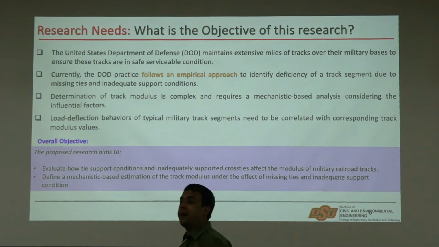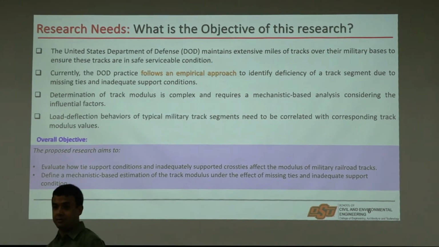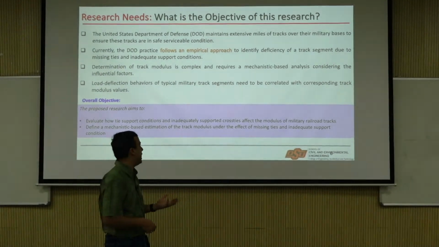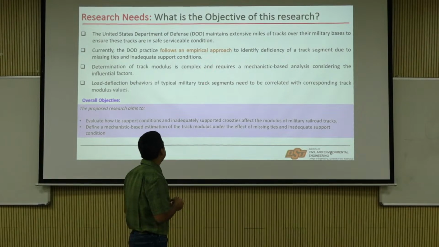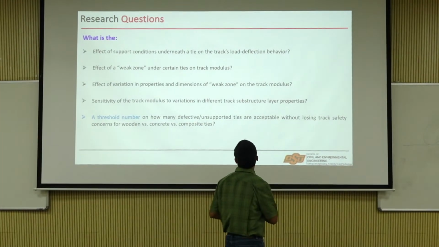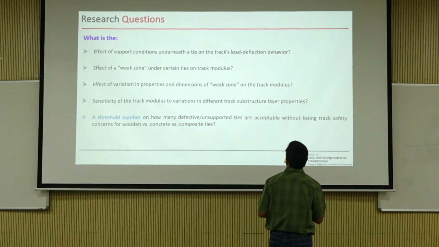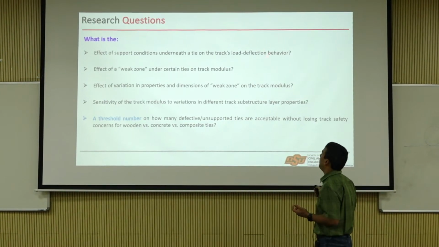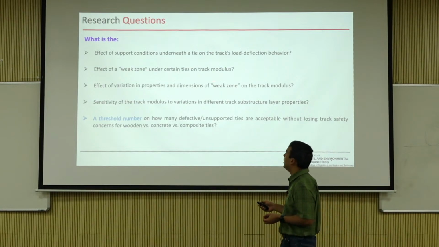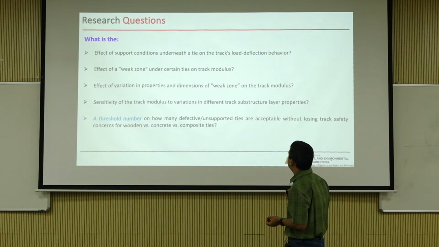What is the impact of all of these on track modulus? How does the stress and strain dissipate or load distribution happen? That's basically our project. Our questions are: what is the effect of support conditions underneath a tie on the track's load deflection behavior? What is the effect of a weak zone under certain ties? What is the variation in properties of the weak zone?